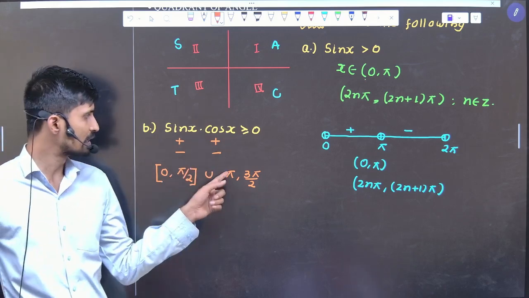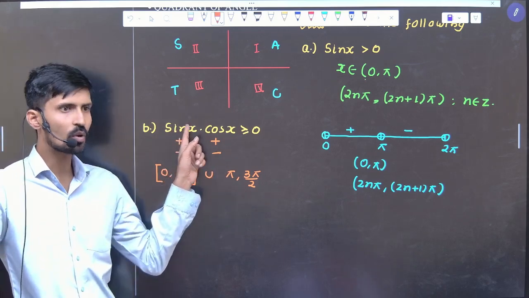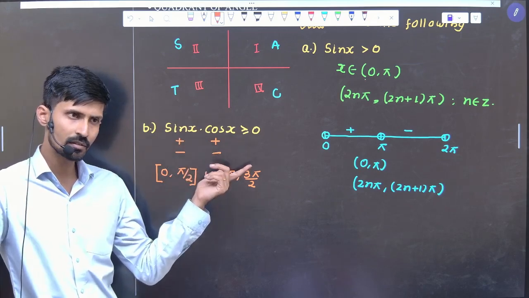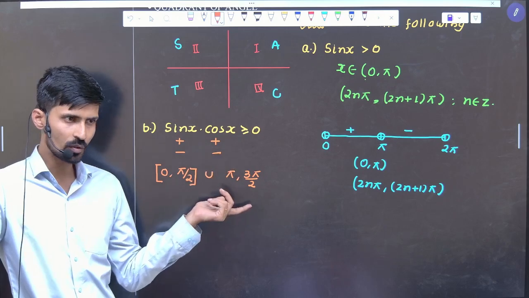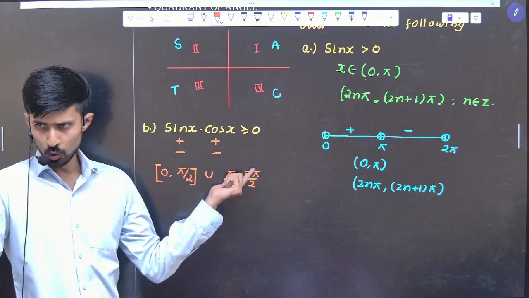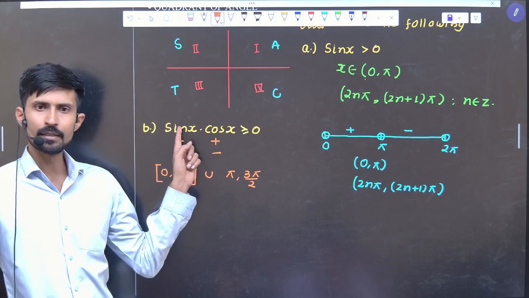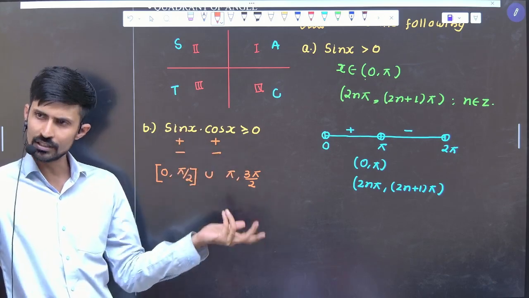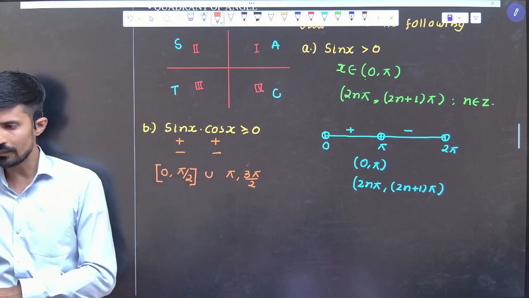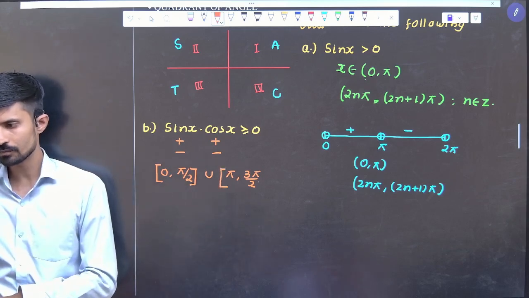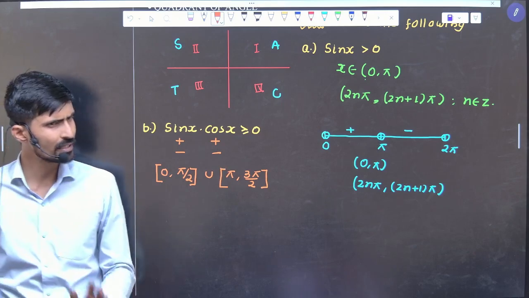Now, sine 180 degree, 0. Cos 180, minus 1. 0 into minus 1, 0. Again close. 270. Sine 270, minus 1. Cos 270, 0. So all those values I will give you now. That is the answer.